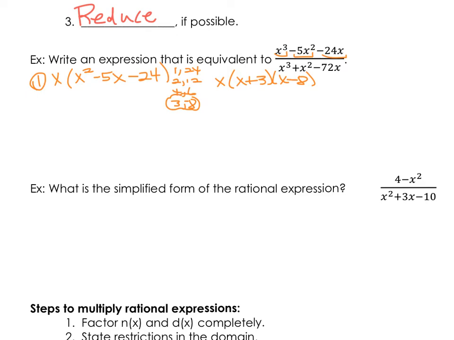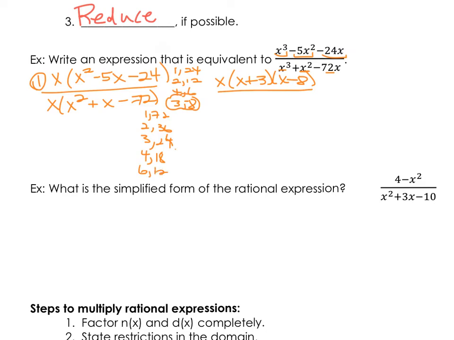If we do the same thing in the denominator, we also have an x cubed, x squared, and x term. We'll take an x out of that, and that gives us x squared plus 1x minus 72. Numbers that go into 72 would be 1 and 72, 2 and 36, oh, we've got a lot of them, 3 and 24, 4 and 18, 5 doesn't go in, thank goodness, 6 and 12, 8 and 9.